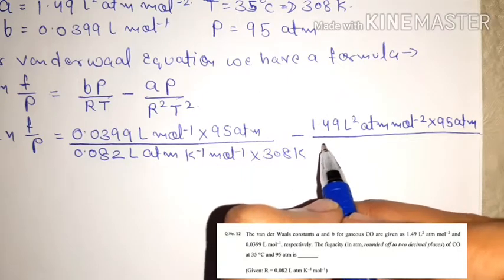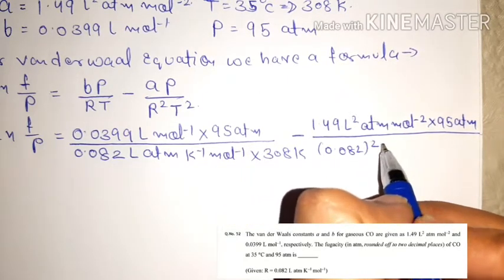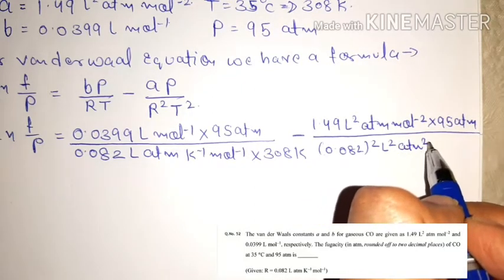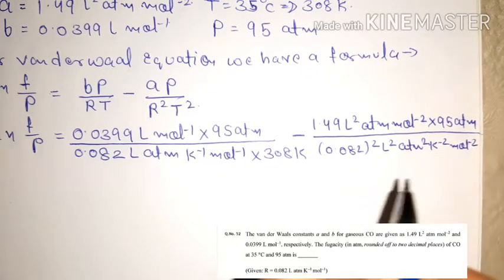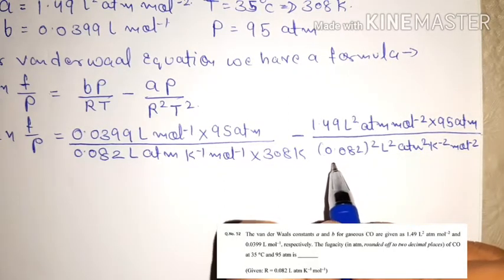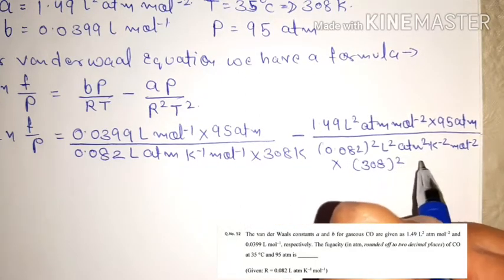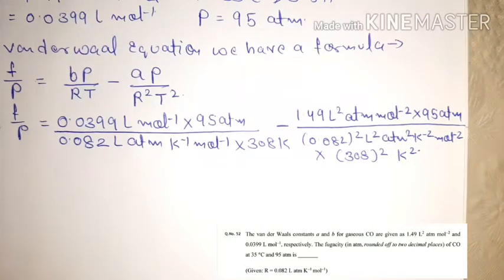So R square is 0.082 whole square liter square atm square per Kelvin square mole square, into T square, that is 308 square Kelvin square.